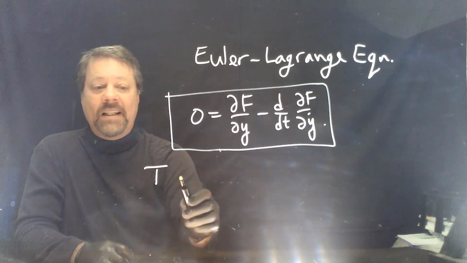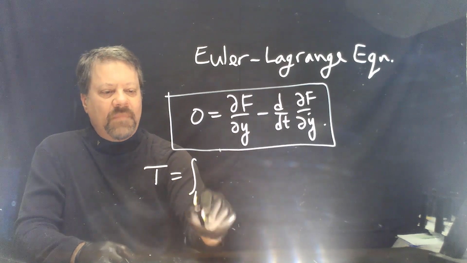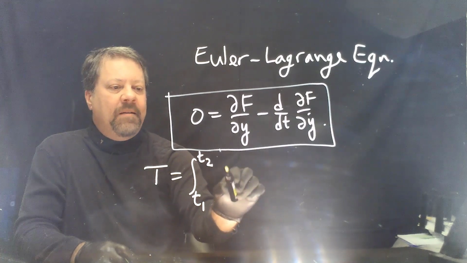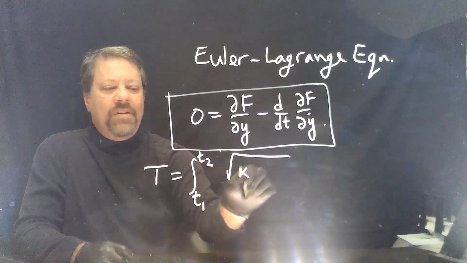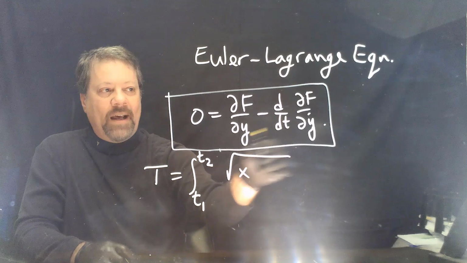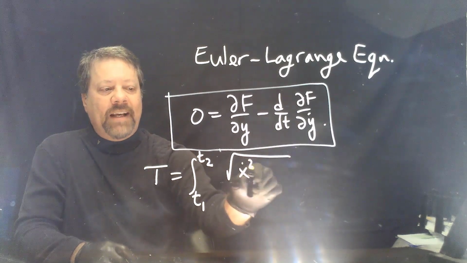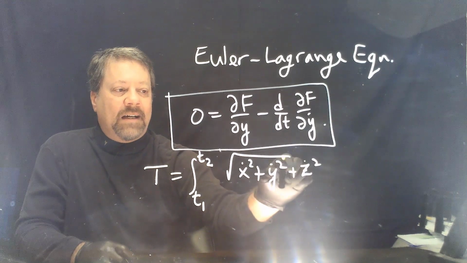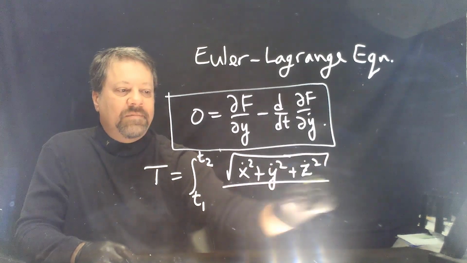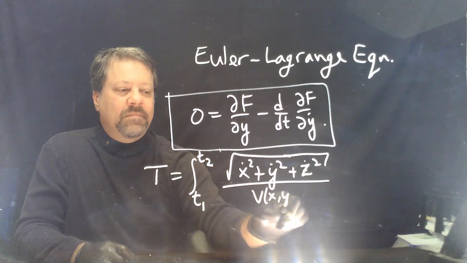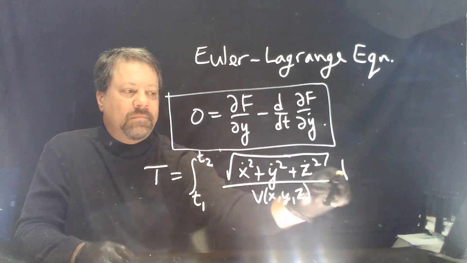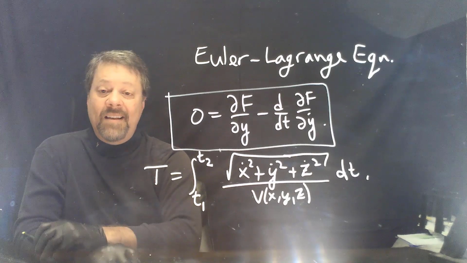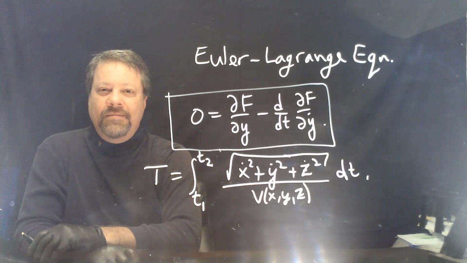The integral we are working with is slightly more complicated. We're dealing with the total time. It'll have an initial time and a final time, but we have more than just a y and a y dot. We have an x dot, a y dot, and a z dot. And we're trying to minimize this nonlinear functional.